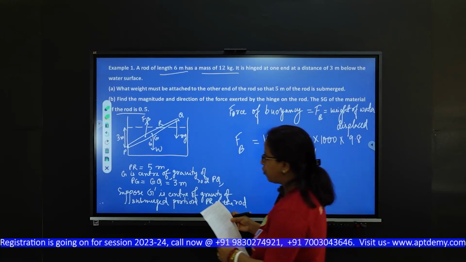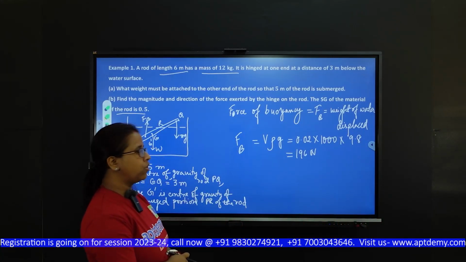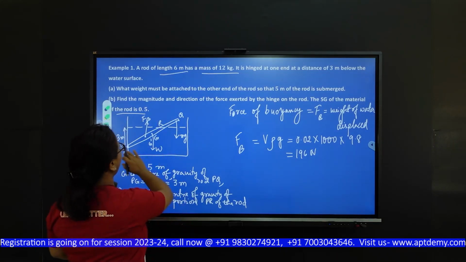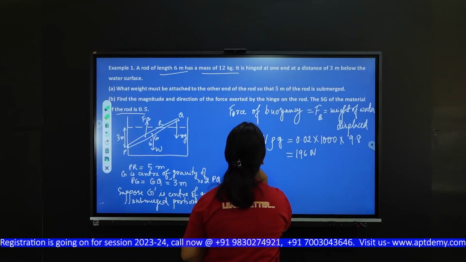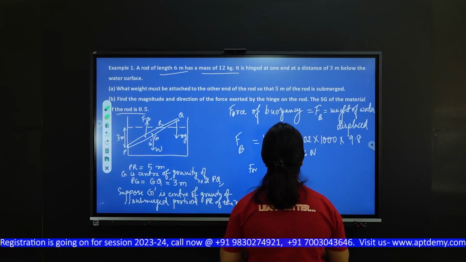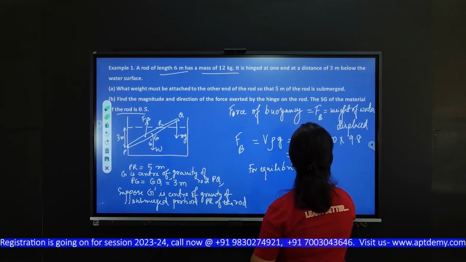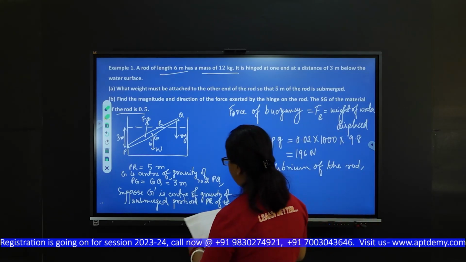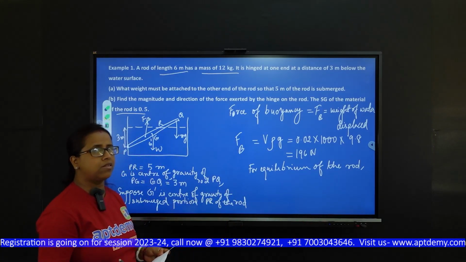Now once we have the force of buoyancy, let's look at the equilibrium of the rod. So the weight should be hung in such a way that the rod is maintained in equilibrium. So for equilibrium of the rod, the upward and the downward forces should balance each other.